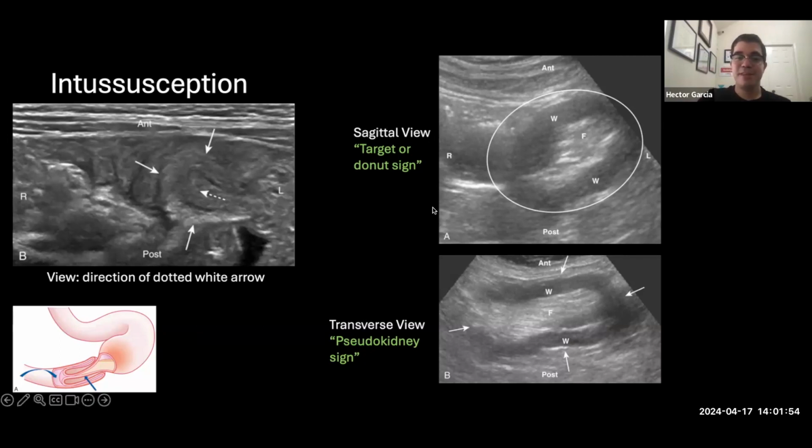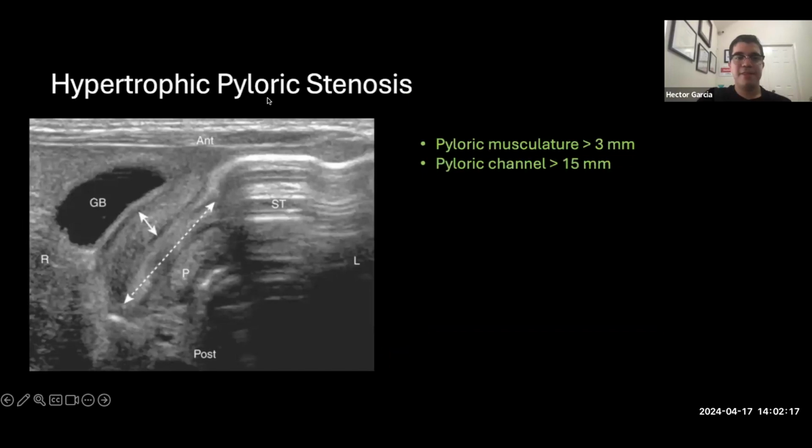That's because the enema actually ruptured the bowel. That can happen. So one of the complications of treatment for intussusception using air enema would be rupture or perforation, because you're putting air or gastrografin enema or water into it.